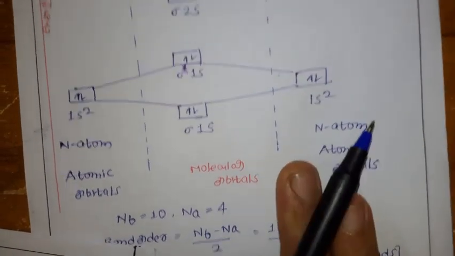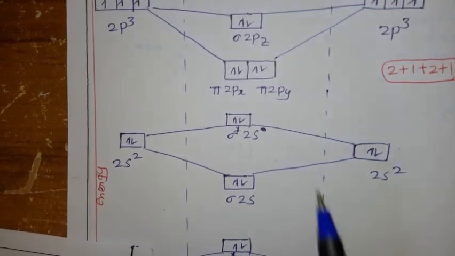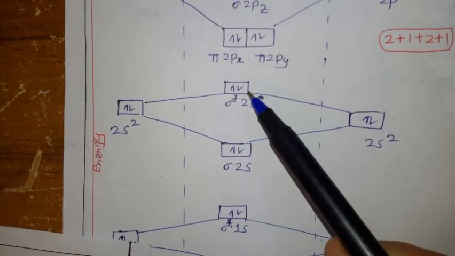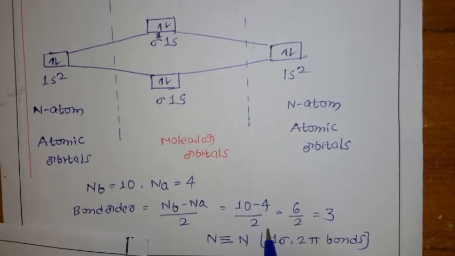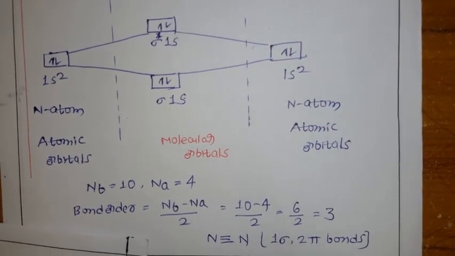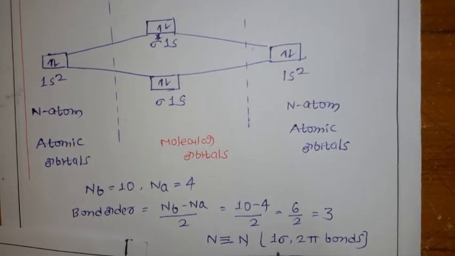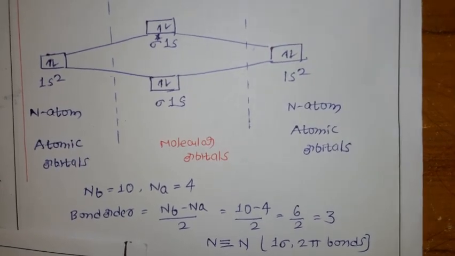How many are there? 4. This antibonding has 2 electrons, and the other antibonding has 2 electrons. So 2 plus 2 is 4. So now the formula: 10 minus 4 by 2 equals 3. So between the nitrogen atoms we have a triple bond, in which one is sigma and the remaining 2 are pi bonds.